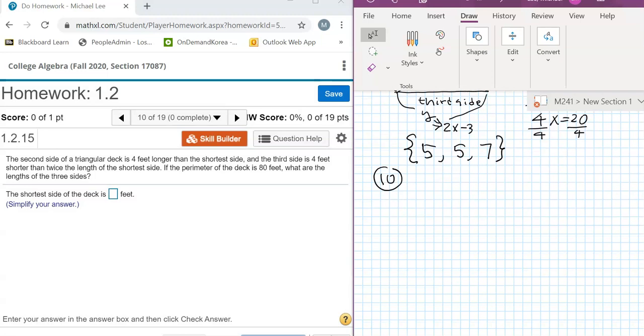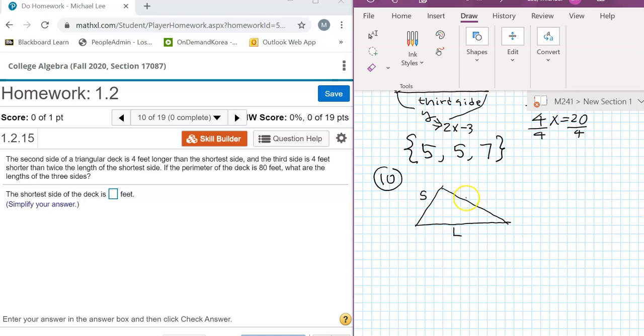The second side of a triangular deck is 4 feet longer than the third side, and the third side is 4 feet shorter than twice the length of the shortest side. If the perimeter of the deck is 80, what are the lengths of the three sides? So let me do this. Triangle. This is the shortest, this is the longest, and this is the second side.